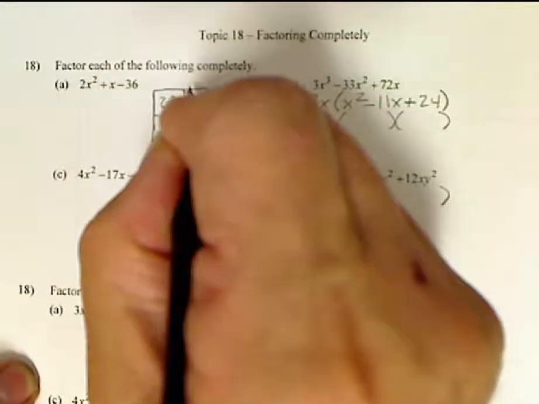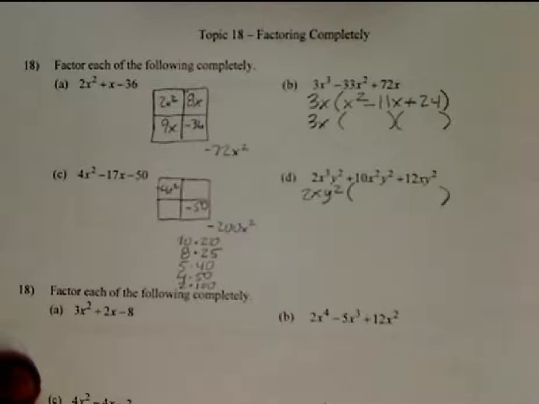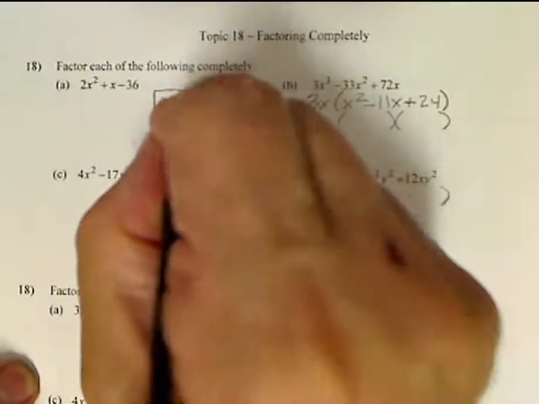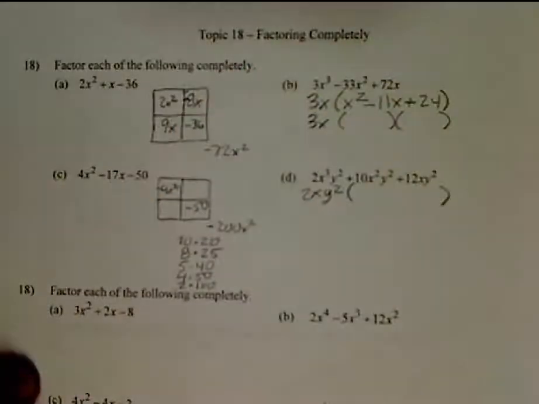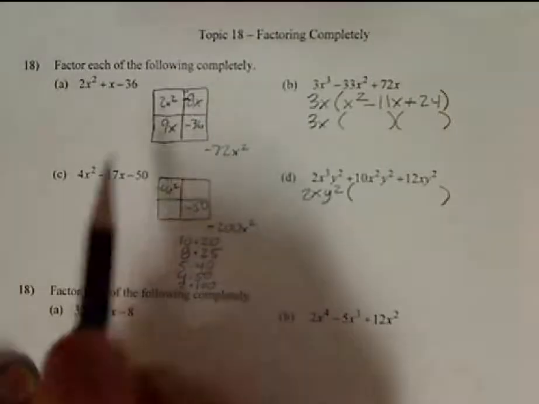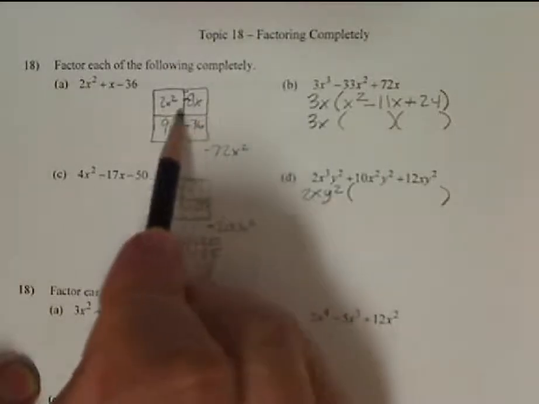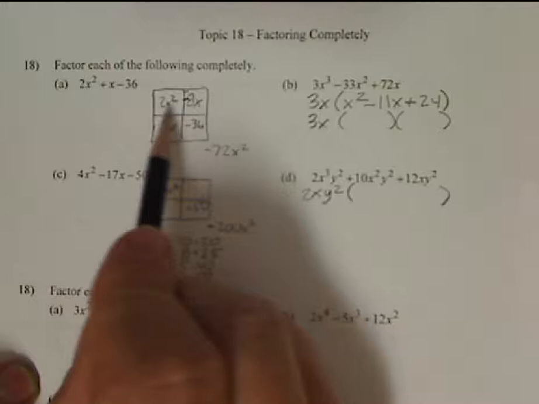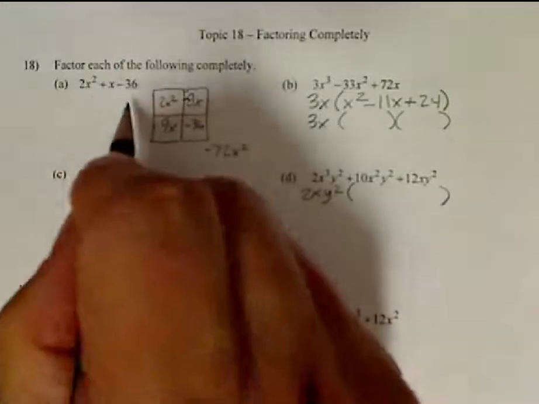Should have left a little more space for that. Okay, so that's going to be a negative. Put a negative right there. Okay, so 8 is negative. Now to find my terms, I look at what I can factor out. Well, 2 can come out and an x can come out.